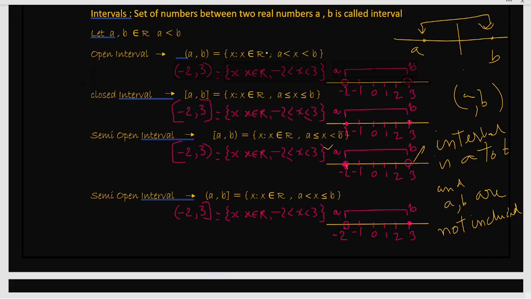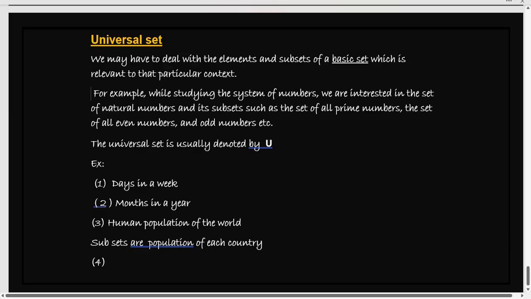Here also you can see -2 is not included and 3 is included, because square brackets are given on one side and parenthesis on the other. So this is written as -2 less than x less than or equal to 3. 3 is also included in that. The interval is A to B, B is included and A is not included.